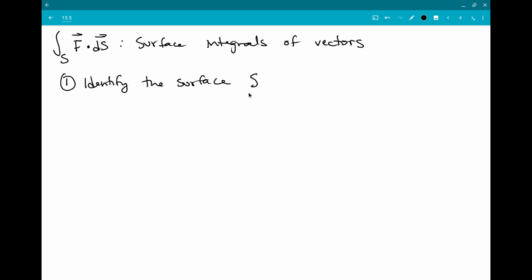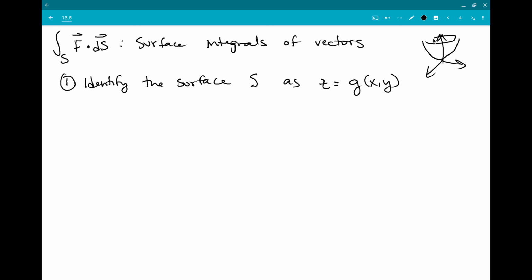So you're going to have to identify the surface S. And I'm going to write these steps as if we're thinking about Cartesian coordinates because we'll be doing that the most often. And you're going to want to identify that as something that gives you the coordinate z in terms of functions of x, y. We've learned a lot how to plot things like that.